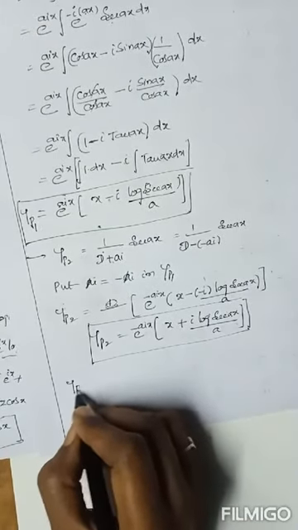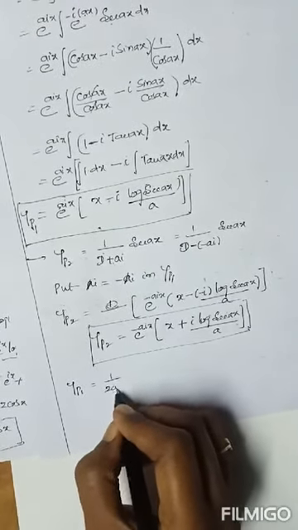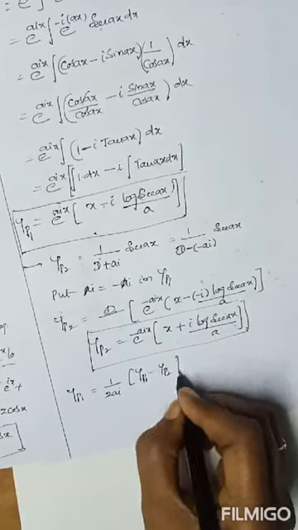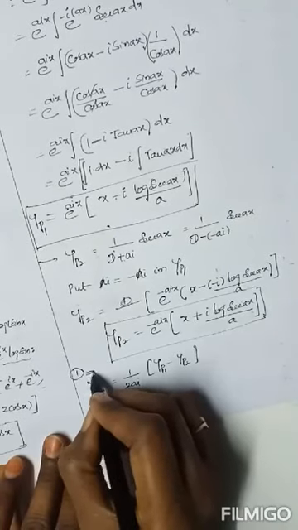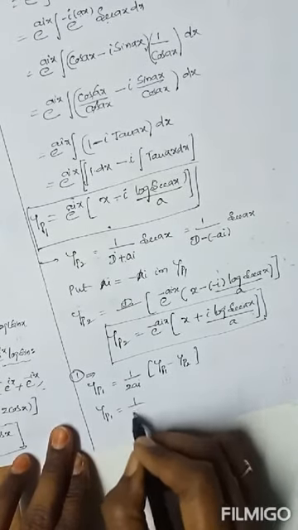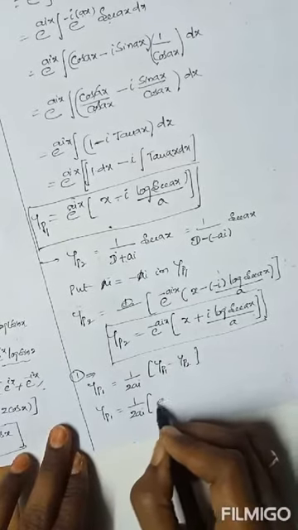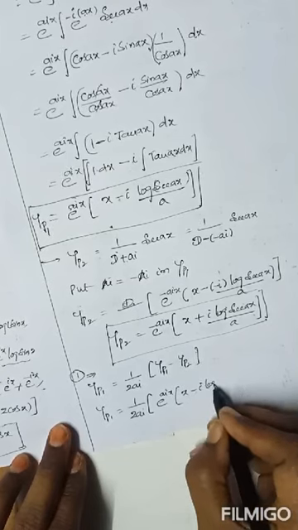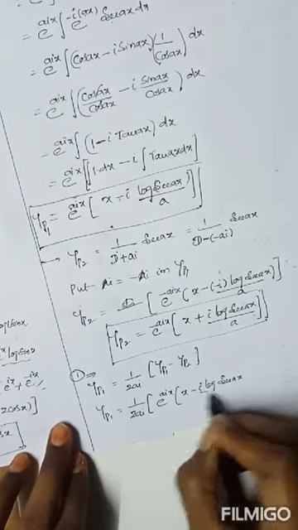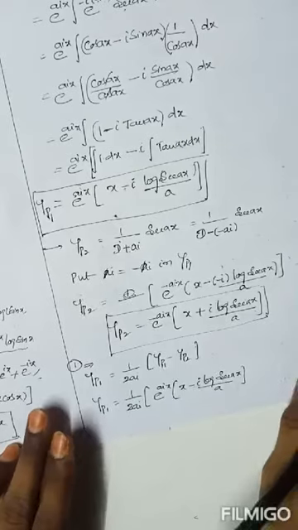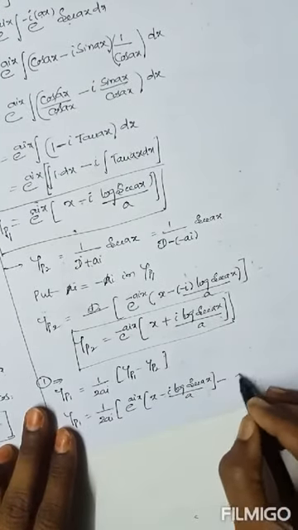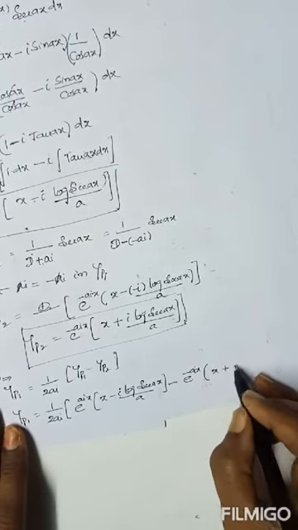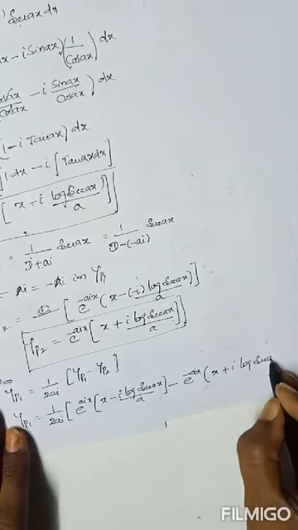Now yp equal to 1 by 2ai, yp1 minus yp2; this is equation number 1. So yp equal to 1 by 2ai, yp1 is e power aix, x minus i log of secant ax by a, minus yp2, which is e power minus aix, x minus x plus i log of secant ax by a.